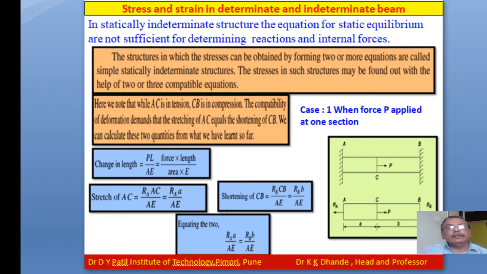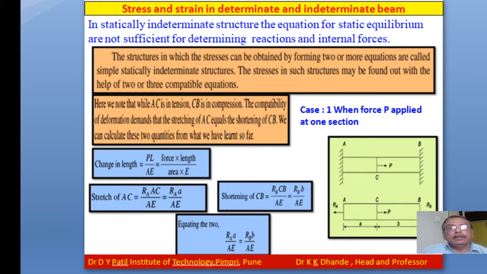You have studied in previous semesters, in engineering mechanics, that when there are end supports, there are some reactions. So we may say RA is the reaction acting at point A, and on that side is RB.